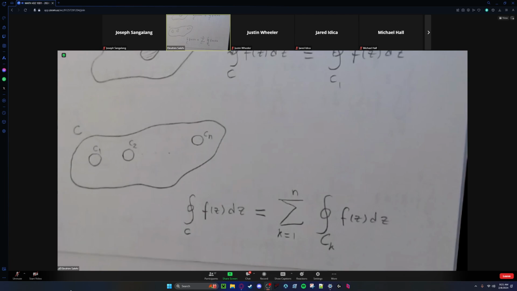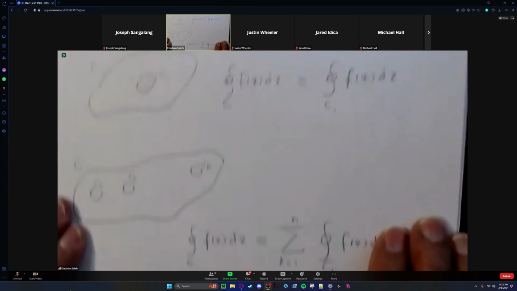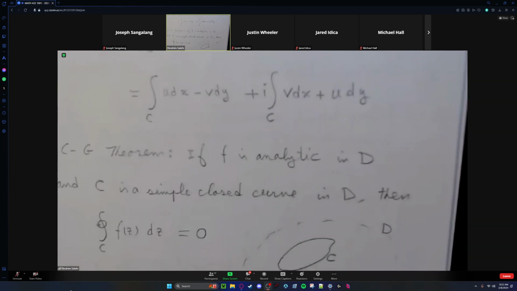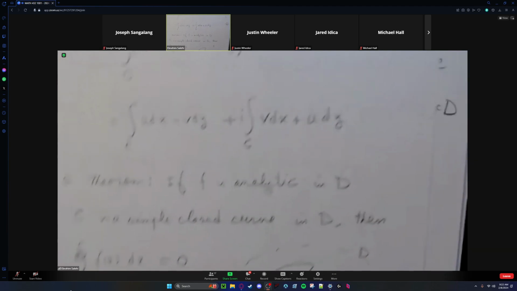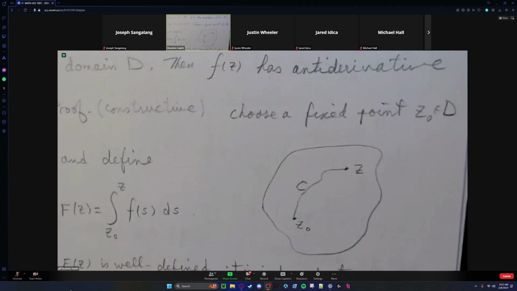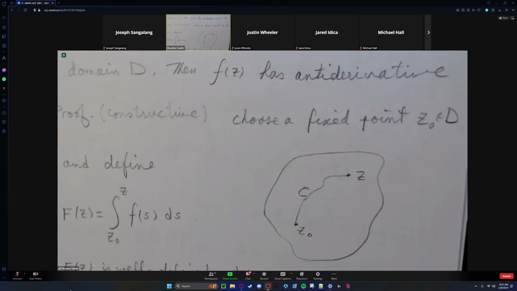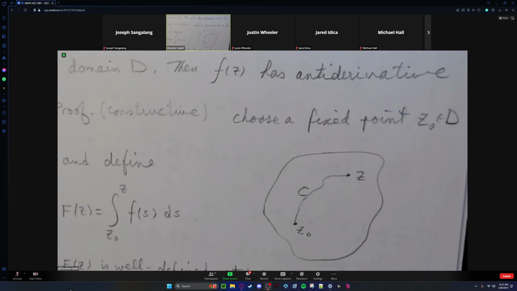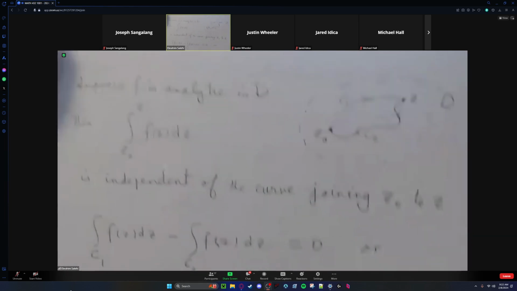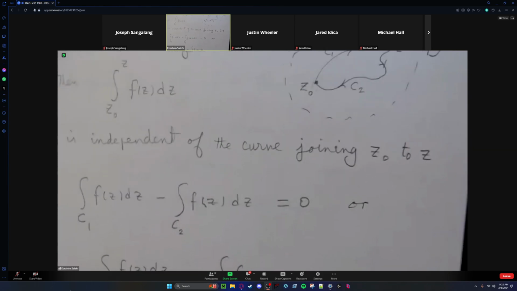Okay, well, there are a number of consequences of this Cauchy's theorem. Here is one of them.